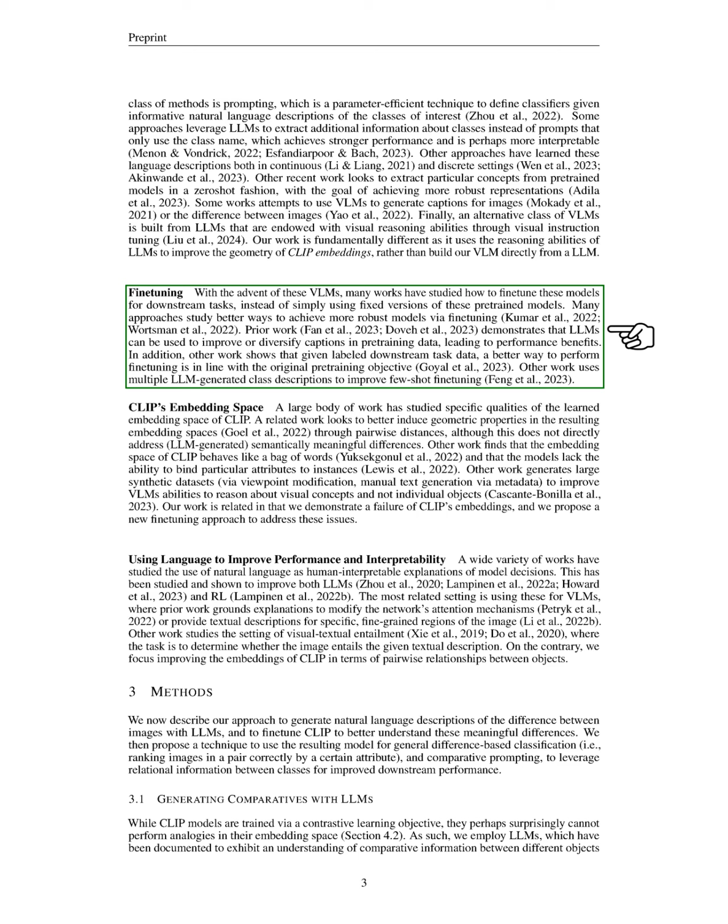Additionally, we find that when we have labeled data for downstream tasks, aligning fine-tuning with the original pre-training goals is more effective. Some studies also suggest that using multiple LLM-generated class descriptions can enhance few-shot fine-tuning. We also discuss the embedding space of CLIP, where many researchers have examined its characteristics.